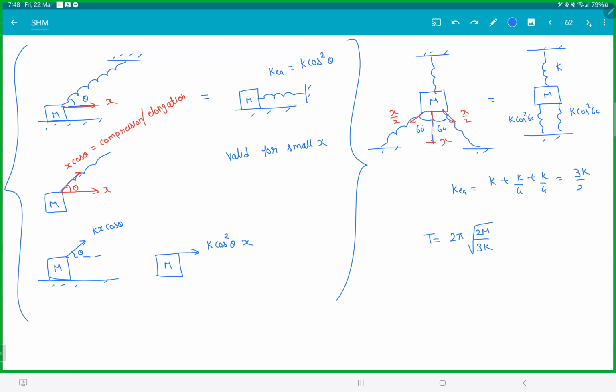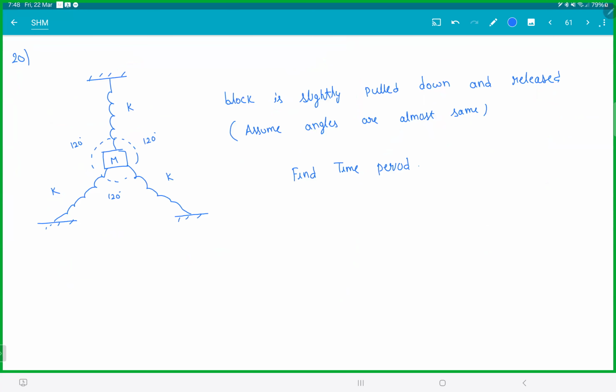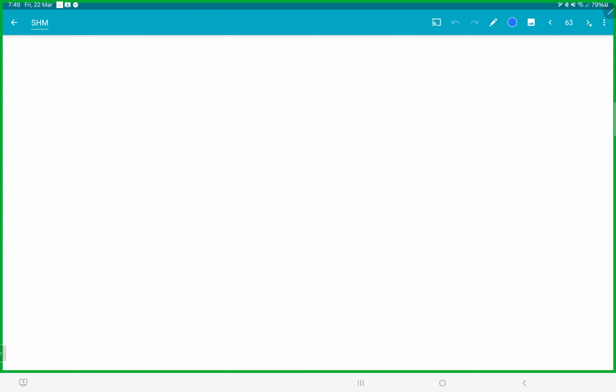What are you asking? What trajectory are you talking about? It is displaced down and released. It will just go up and down. The question says that it is just displaced down and released. So why will it go in any other path? Next thing.